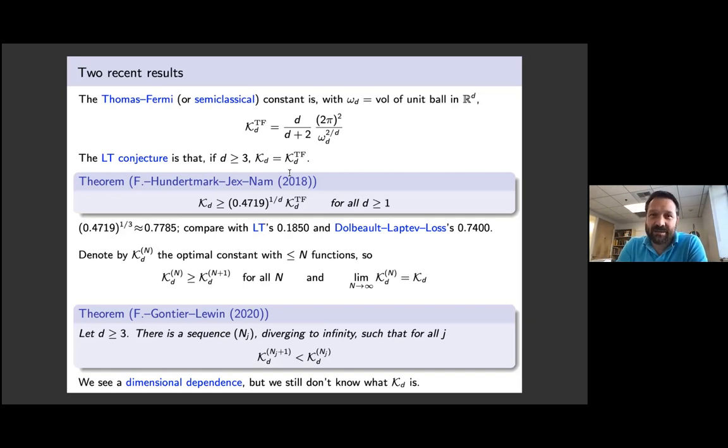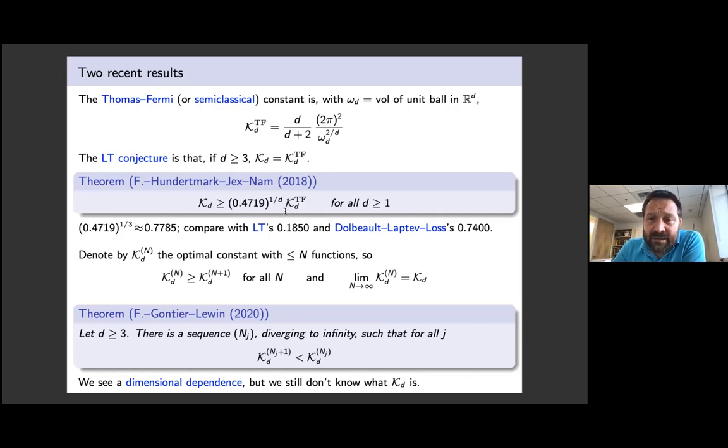It still remains open, still remains a challenge, but at least there has been some progress in the last years concerning what we know. First of all, I've put up here in the first line of the slide the precise definition of this Thomas-Fermi constant. It doesn't matter particularly. And I remind you that the conjectured optimal value of the Lieb-Thirring constant in dimensions 3 and higher is supposed to be exactly this Thomas-Fermi constant.